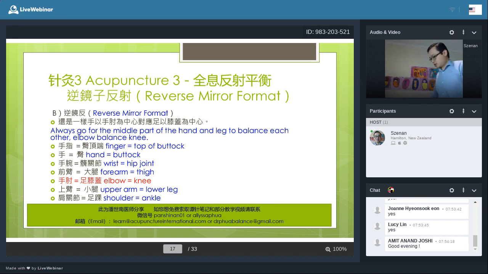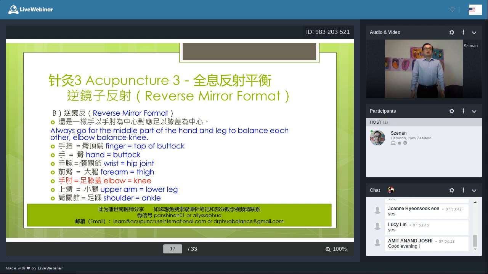Okay. Now, you can still see me, right? So when acupuncture, I need to lower a little bit. Okay, here you see, this is our position.